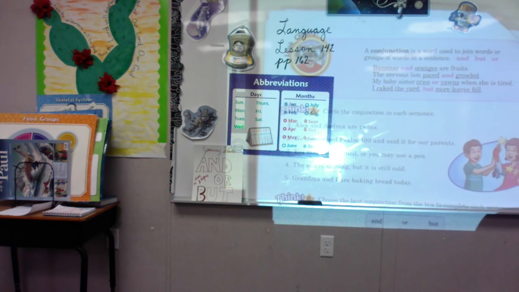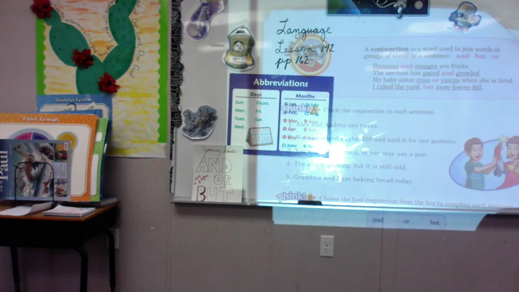A conjunction is a word used to join words or groups of words in a sentence. And, but, or. Bananas and oranges are fruits. The nervous lion paced and growled. My baby sister cries or yawns when she's tired. I raked the yard, but more leaves fell.